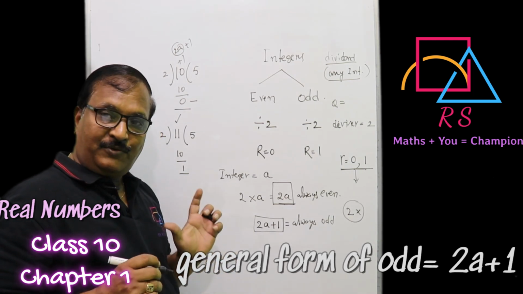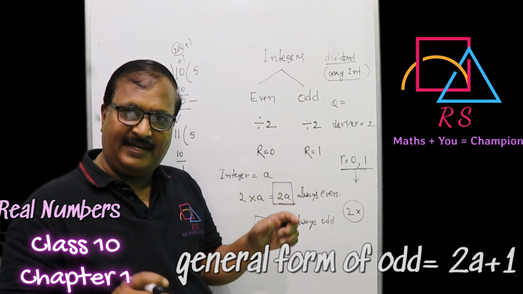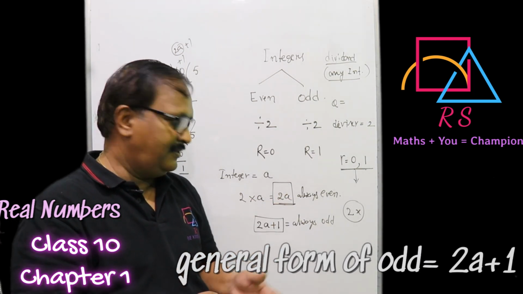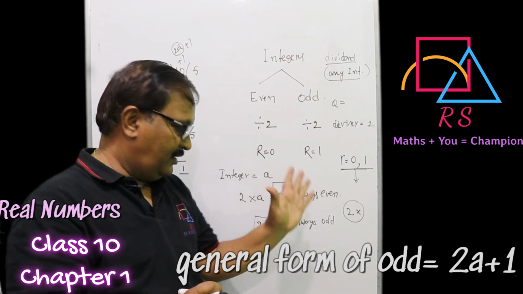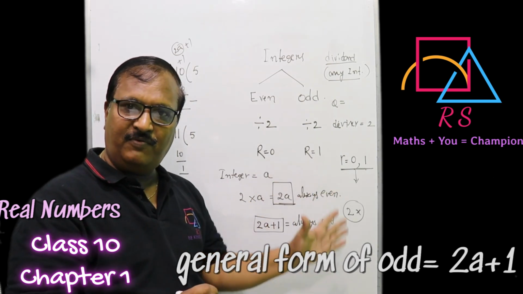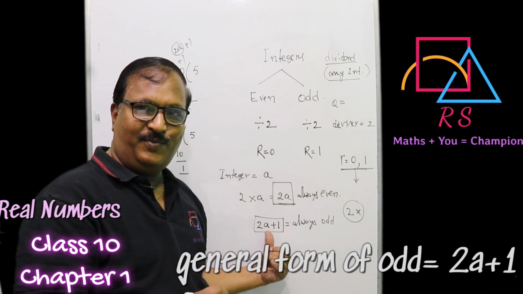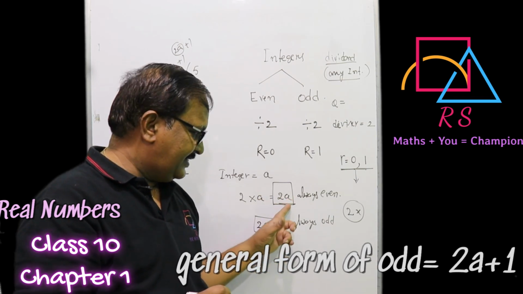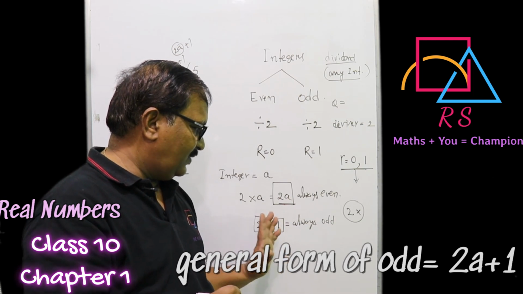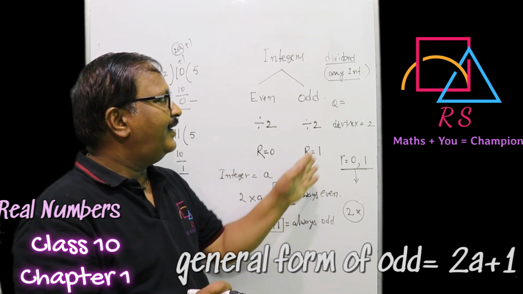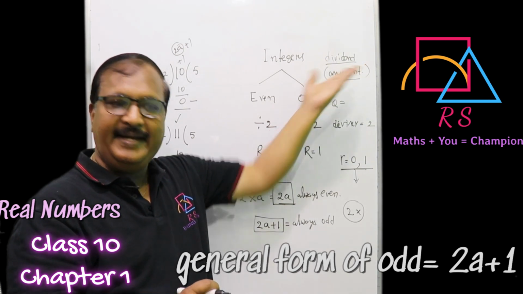Okay, today you understand what is the general form of an even number and what is the general form of an odd number. These things, 2a plus 1 and 2a, all come from the EDL only.